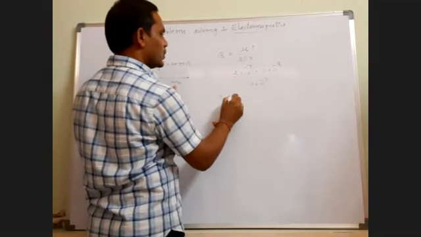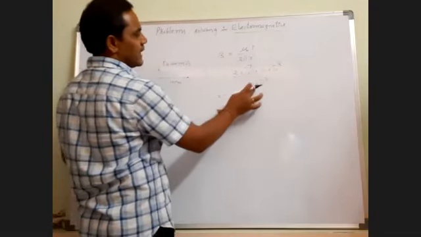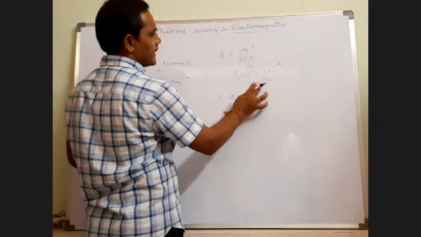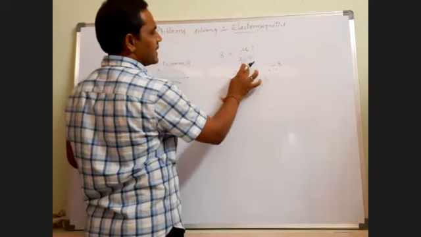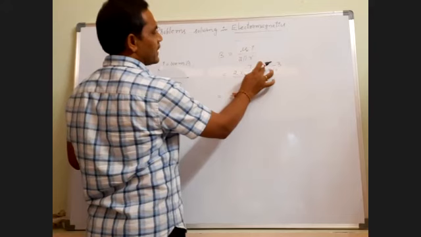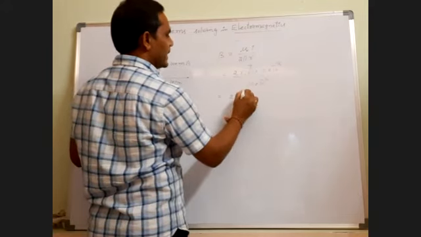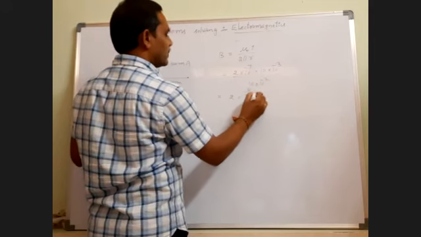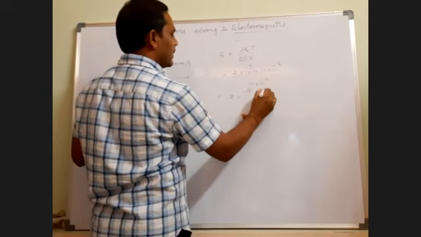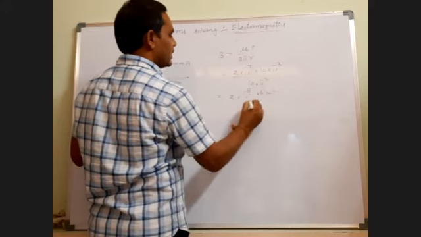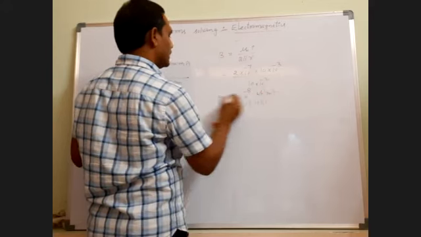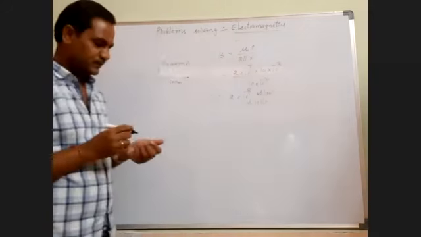That equals 2 into 10 power minus 8 Weber per meter square, or SI unit Tesla. So this is the answer.